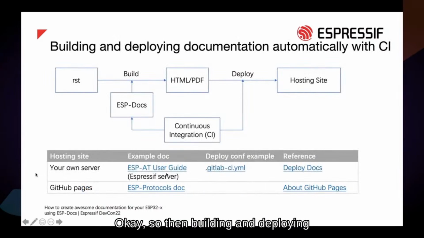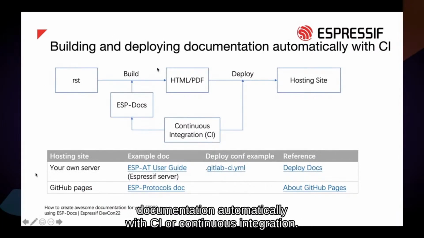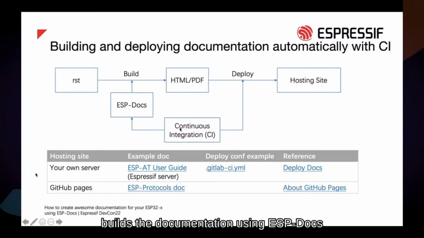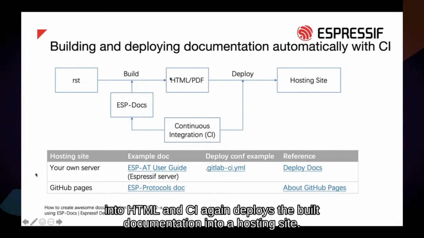Okay, so then building and deploying documentation automatically with CI, or continuous integration. The whole workflow is you prepare some RST files and GitHub continuous integration, or CI, builds the documentation using ESP-Docs into HTML, and CI again deploys the built documentation onto a hosting site.